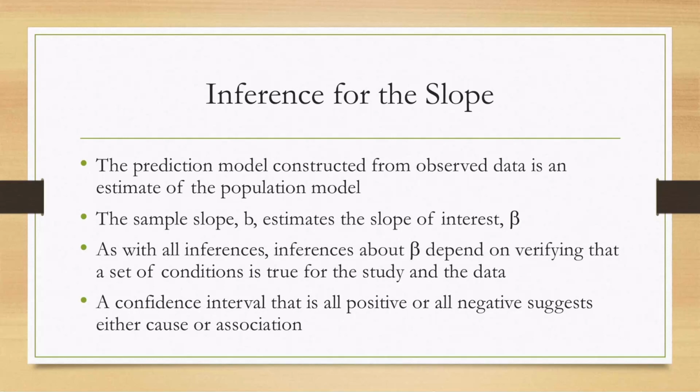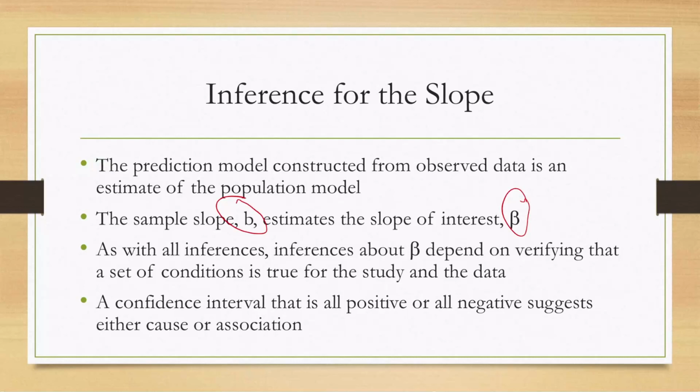So the population model is what's of interest to us, but we only have the prediction model that we obtained with our sample. The sample slope, what I'm calling here B, what we called B1 earlier in the regression equation, but I'm just simplifying here and calling it B, estimates the population slope, which we usually denote with a Greek letter, as is true for population parameters.